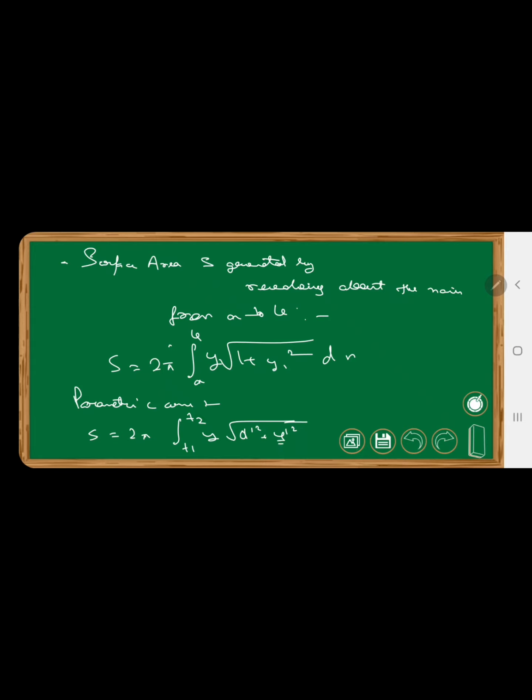Psi is the parametric function of y, and phi is the parametric function of x, and here you have dt. I guess this portion is clear to all of you. I don't think there is any problem related to this.